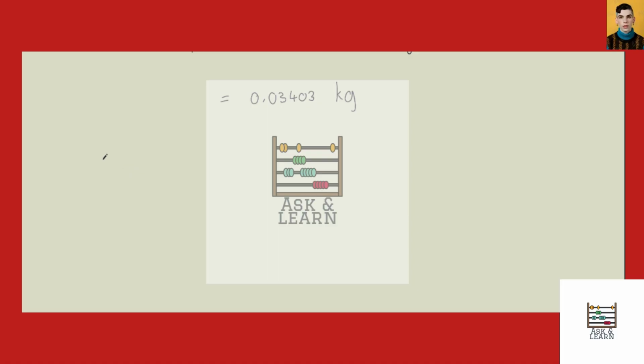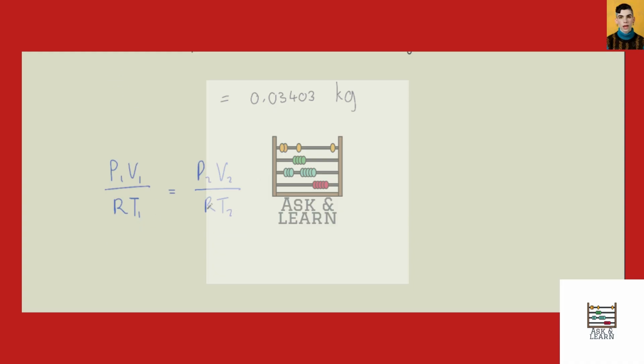So great, now we have the mass of helium. Now we need to find the final volume, so we can use the equation P1 V1 over R T1 is equal to P2 V2 over R T2.